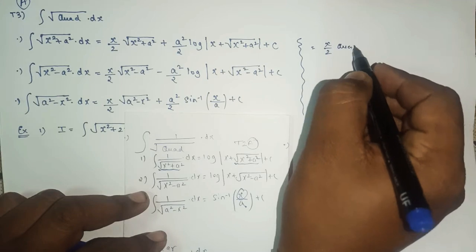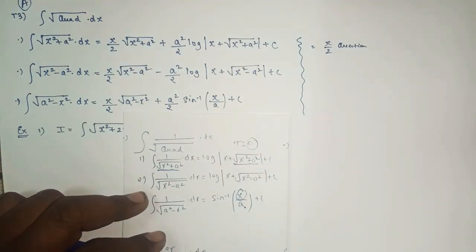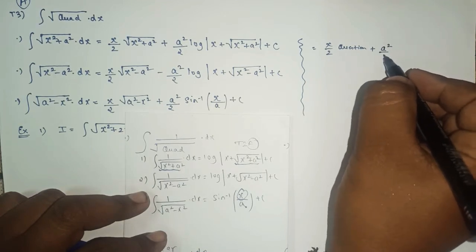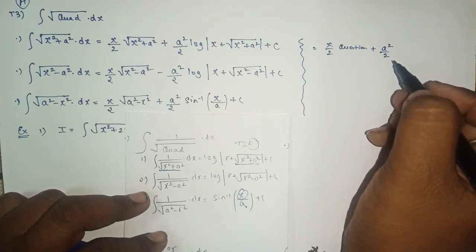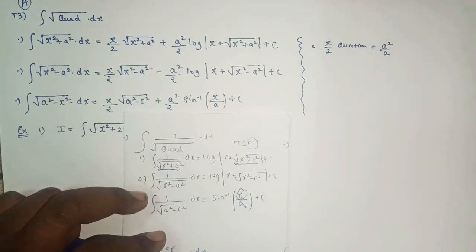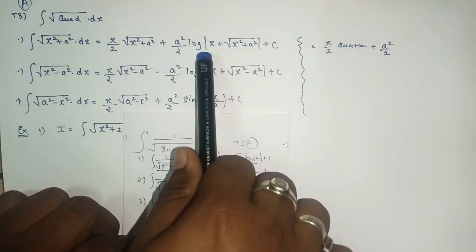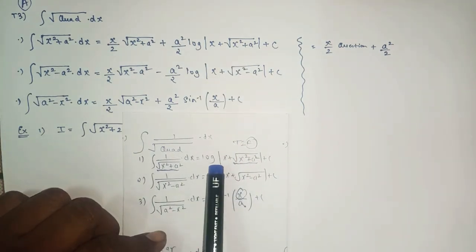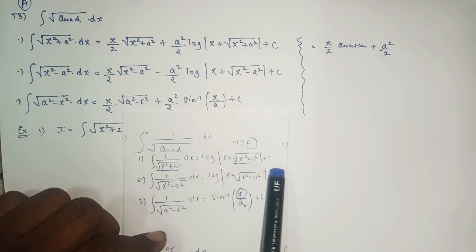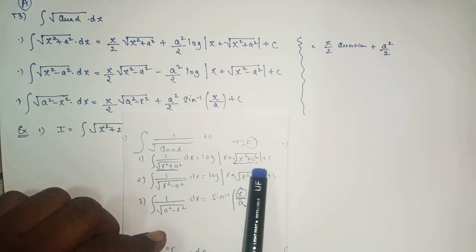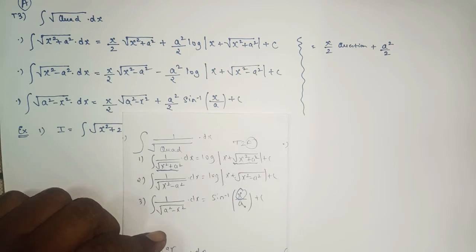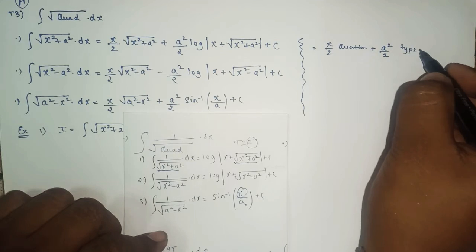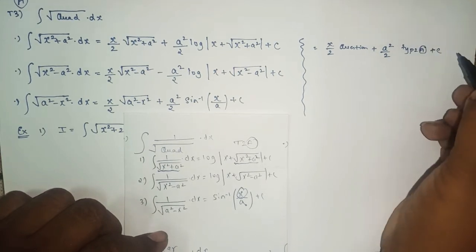Then you will write the question. After that you will write plus, then a square upon 2. Then after that, can you see log mod x plus root x square plus a square is what? It is the type number 2a formula only. So here I will write the type number 2a formula, yes or no, and then plus c.